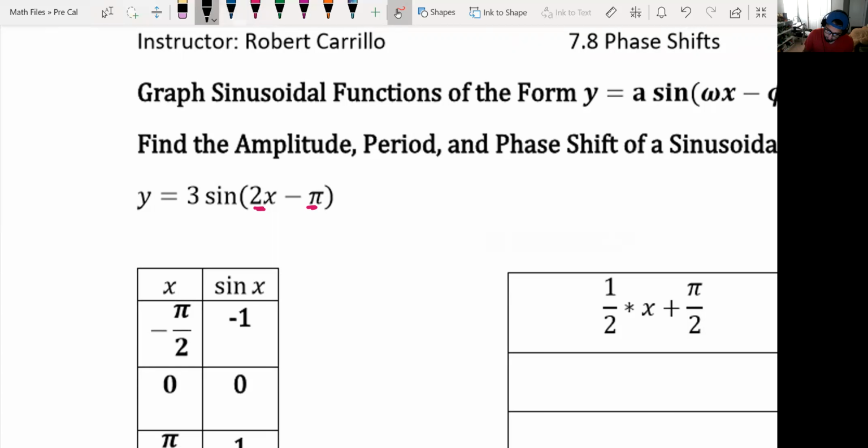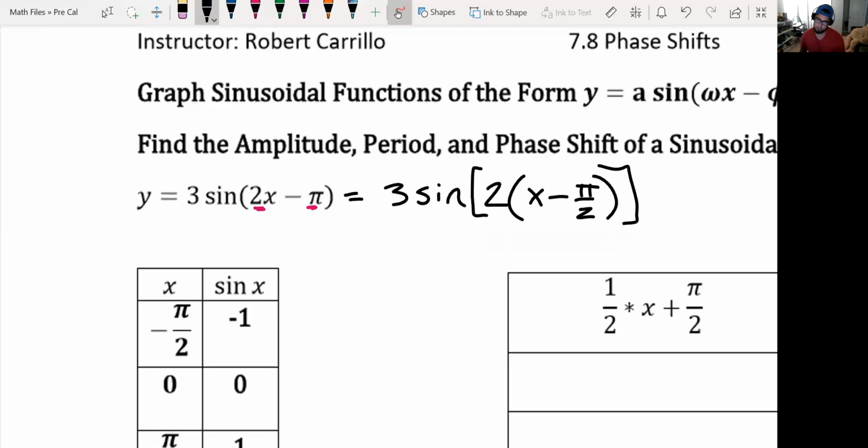So when we rewrite this, I'm going to say 3 sine of, and I'll put a bracket here just to be neat, so I'm factoring that 2 out. And then in parentheses, you'll have 2 times x minus pi over 2, close parentheses.